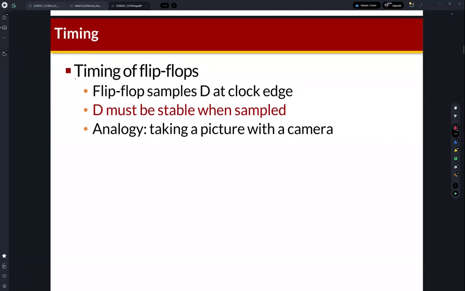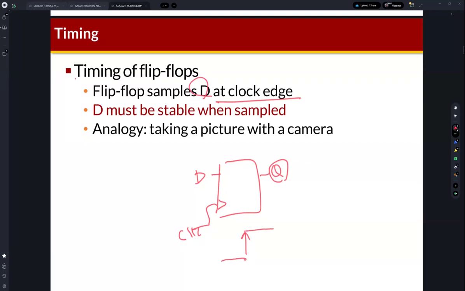So flip-flops sample D at the clock edge, right? This is the flip-flop, this is the clock signal, this is D, and this is Q. This is the input of the flip-flop, and as we learned, the output Q becomes transparent to the input only on the rising edge of clock, right?